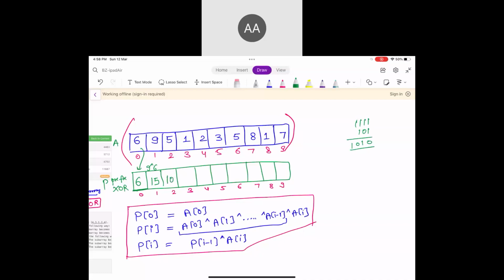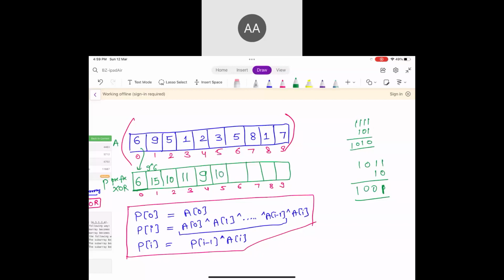Okay, next. With 1, if you do 10's XOR, it will become 11. With 11, if you do 2 XOR, 11 is 1011 and 2 is 10. So it will become 1001, it will become 9. Okay, what is the fifth value? 9 XOR 3, it is 10.